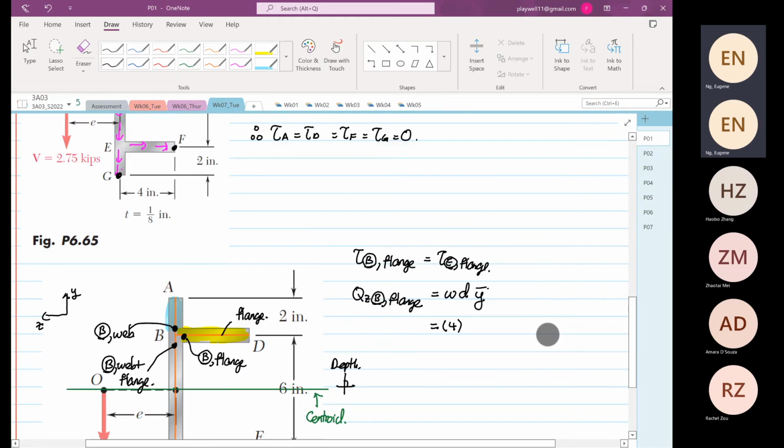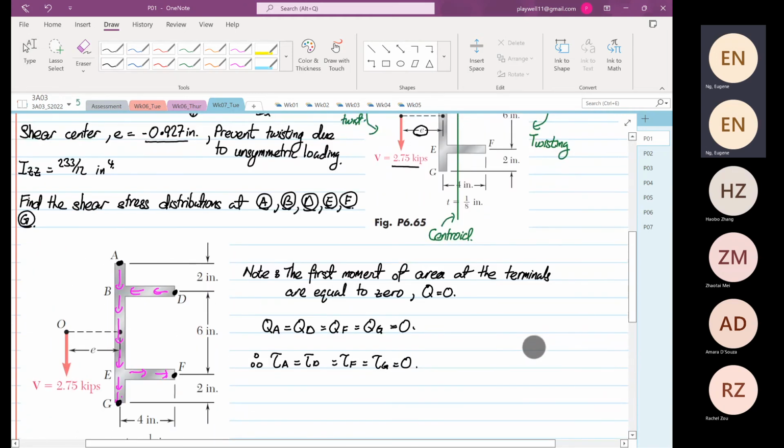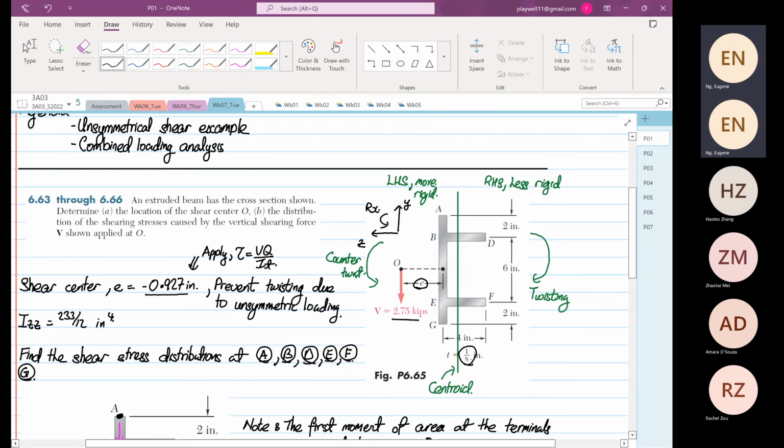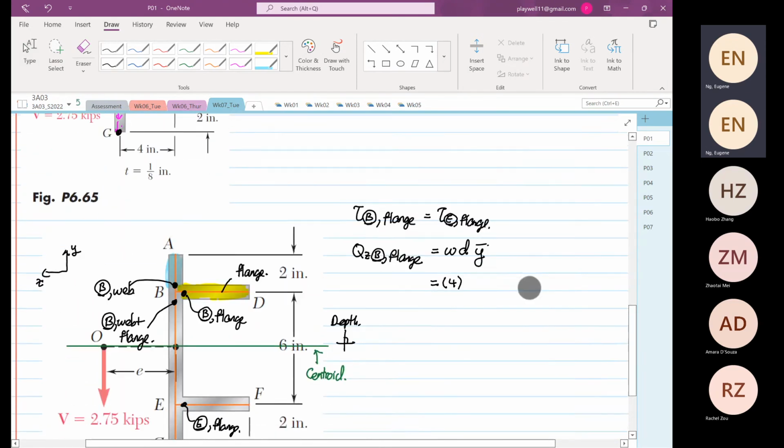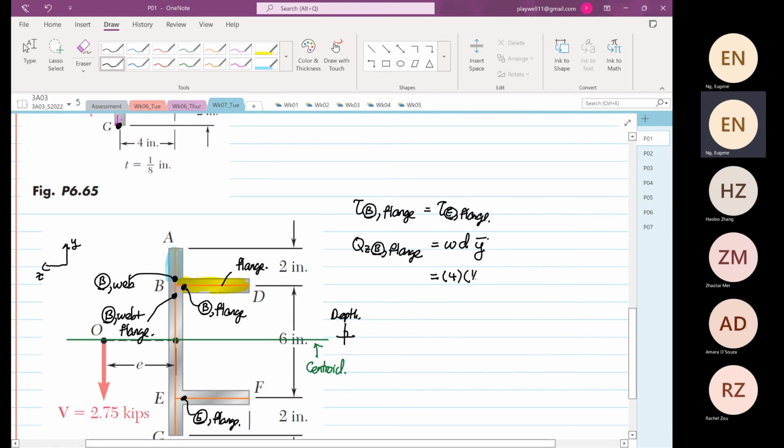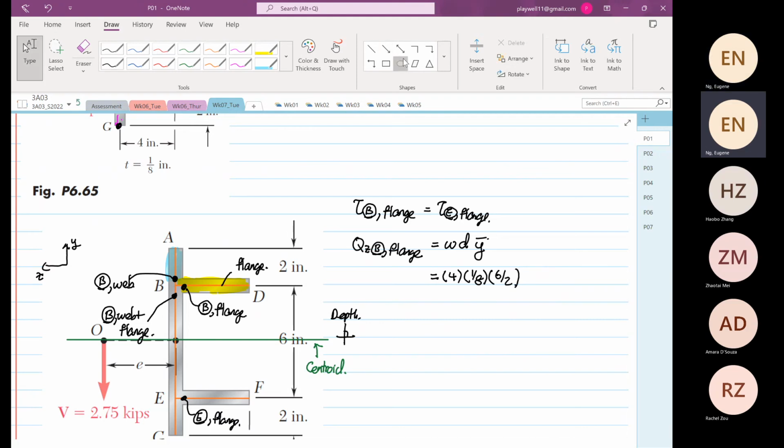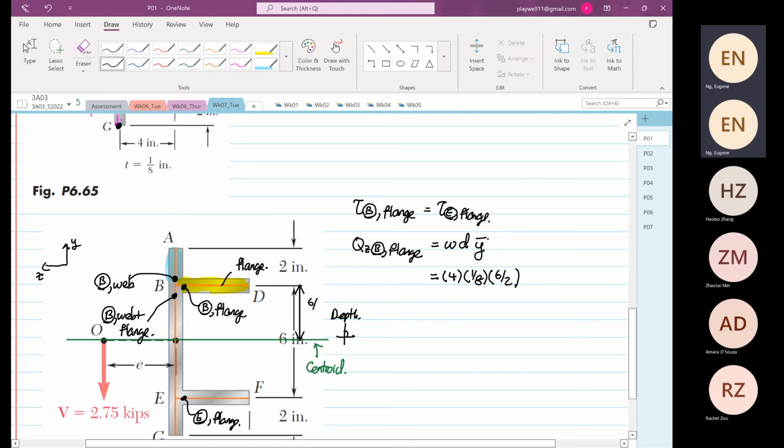The depth will be our thickness, which is given in the question as 1/8. Multiply by y bar, which is 6 divided by 2, because this distance is 6/2. So our first moment of area is 4 times 1/8 times 6/2, which is equal to 3/2 inch cubed.